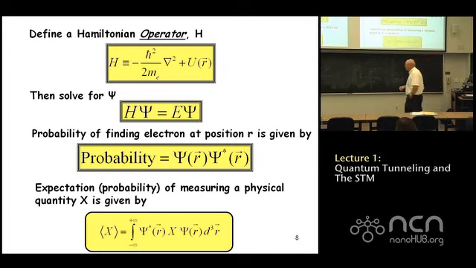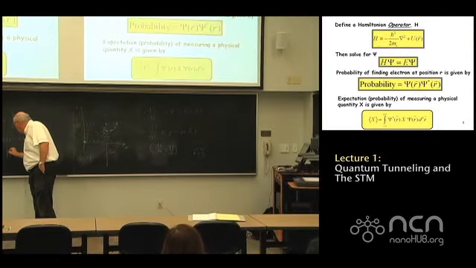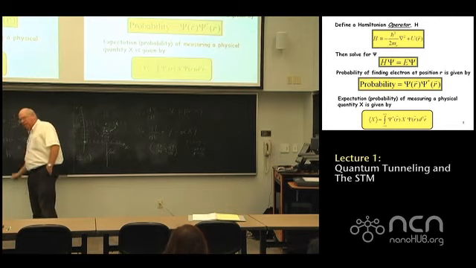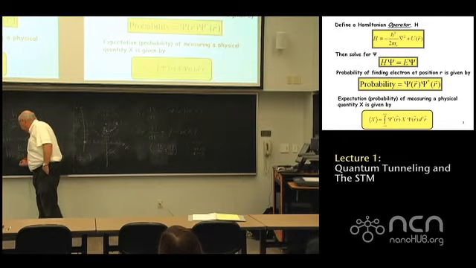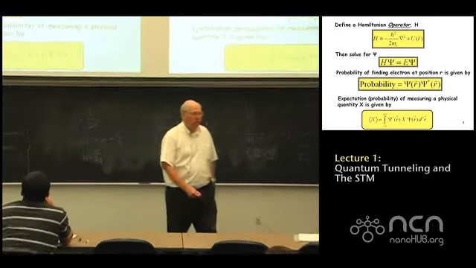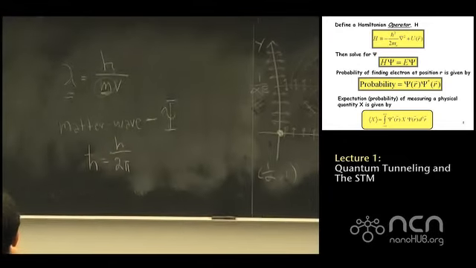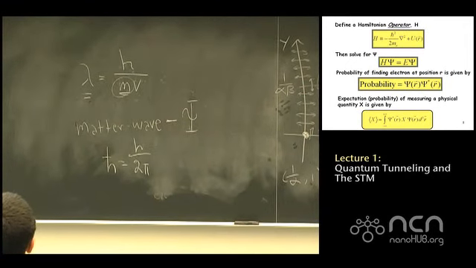So h bar is Planck's constant h divided by 2 pi. I don't know if you're in physics, everyone knows that definition, but if you're not in physics, you may not know it. H is Planck's constant, right?